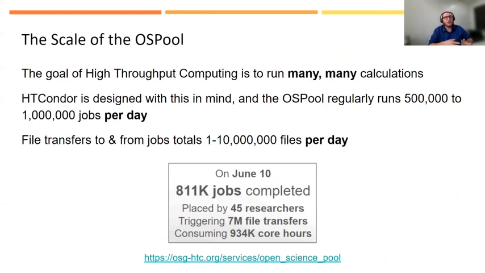Think about the file transfers that accompany those jobs: you have to transfer your scripts, maybe input data or other parts of your job, in order for your calculation to function. Those file transfers total from 1 to 10 million files per day, just in transferring these files.